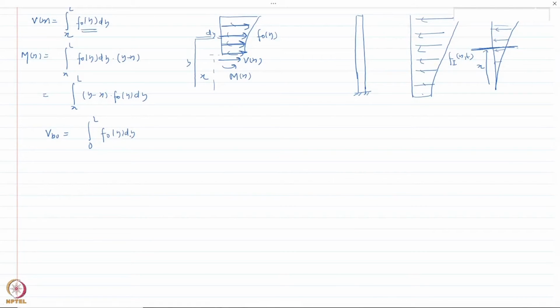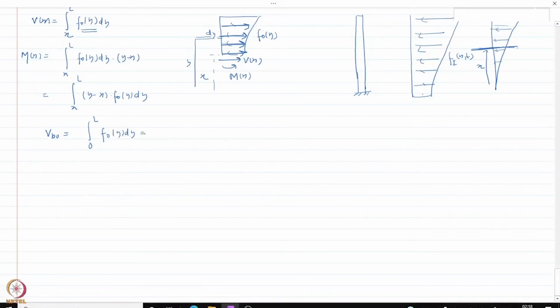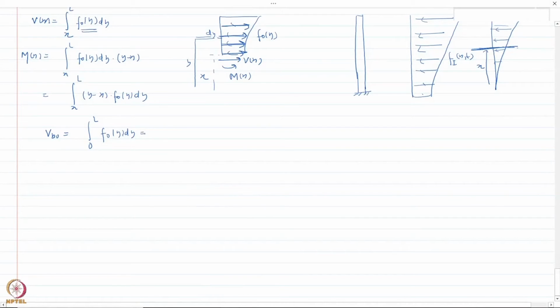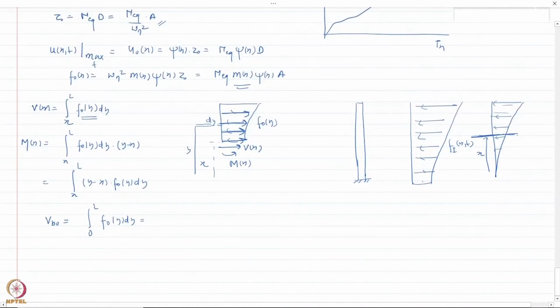And you would see that I can write this expression in terms of, if you substitute the expression for, let us say, F naught y, which is right here.